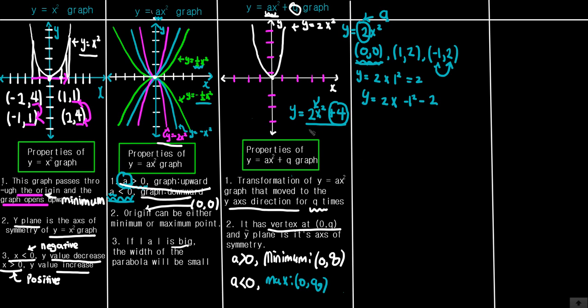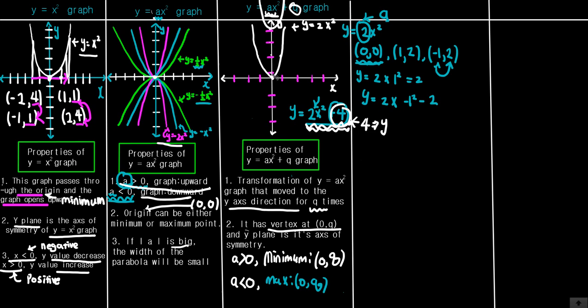But as we have learned, the 4 is a positive 4, which means we're moving positive 4 in the y-axis direction. So if you move 1, 2, 3, 4, the graph will look something like this, which satisfies this equation right over here.